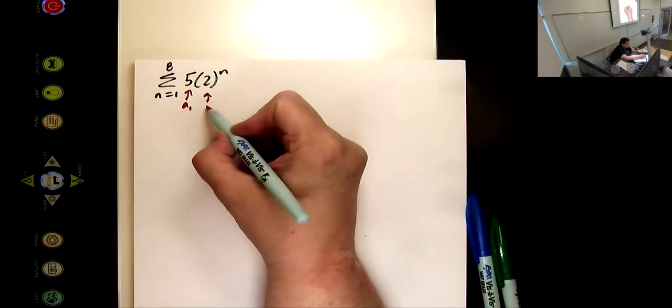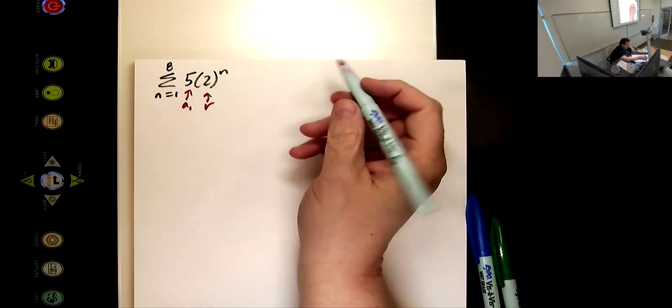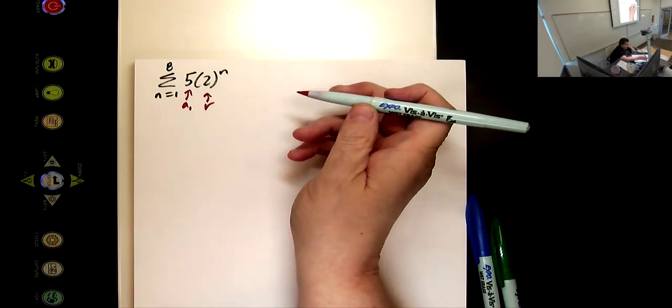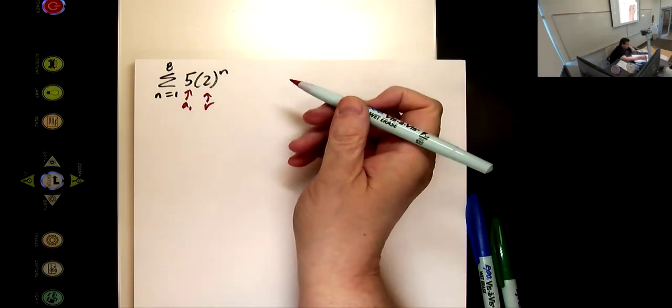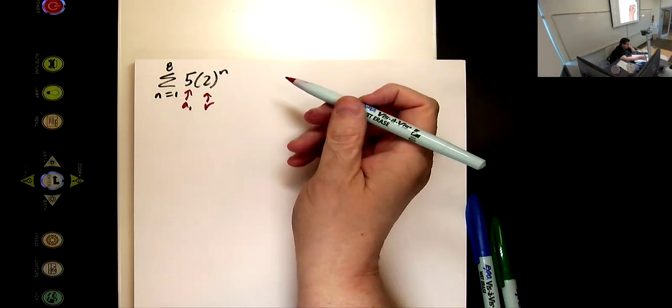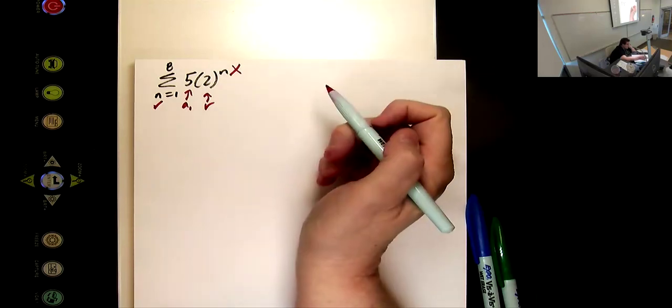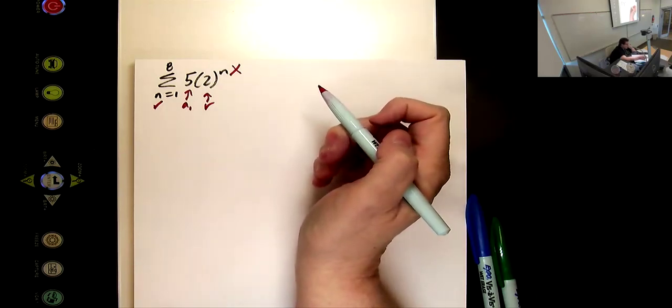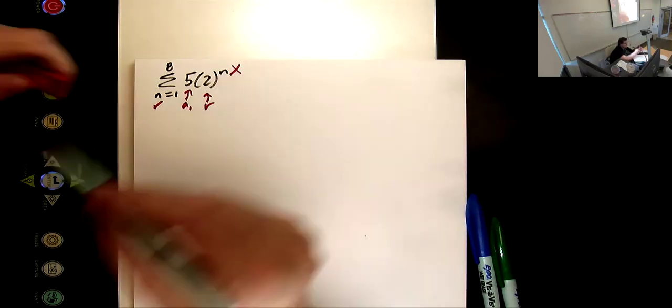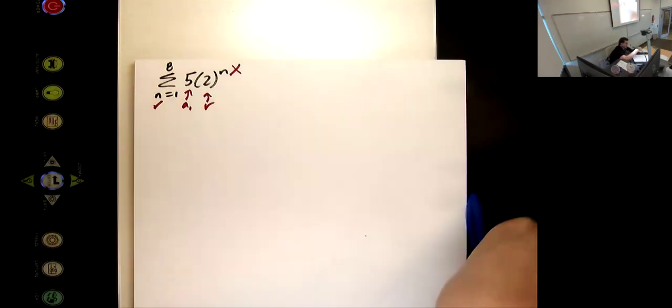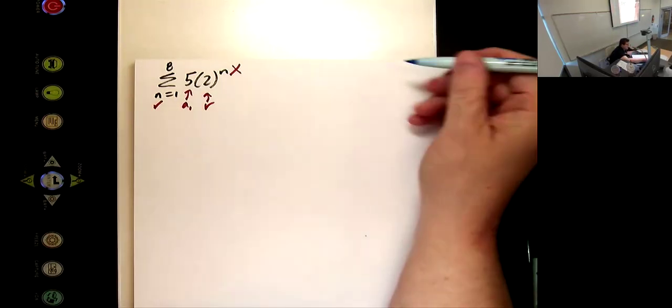What's A sub 1, or what's R? I point to it. Are my criteria met? This one is met, but this one is not met. I need the exponent to be n minus 1. So how do we make it n minus 1?